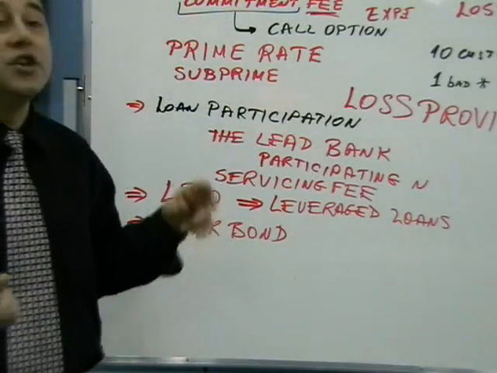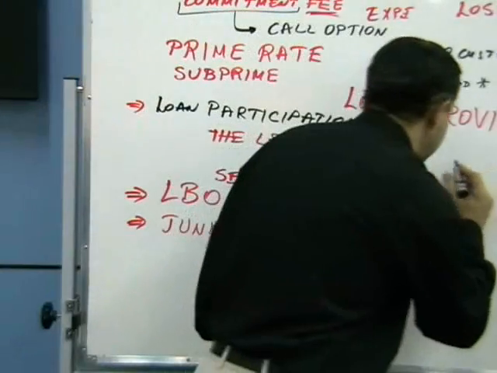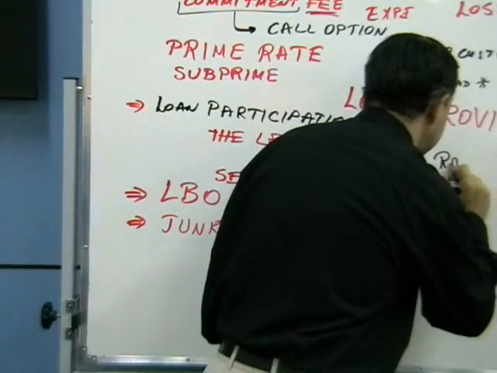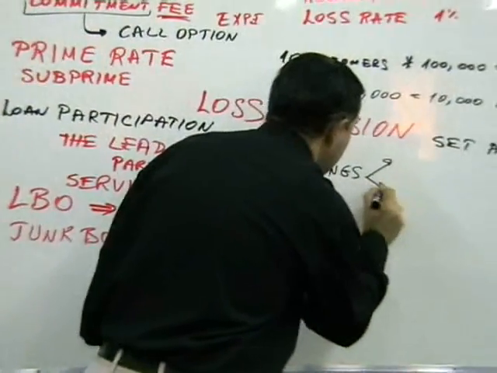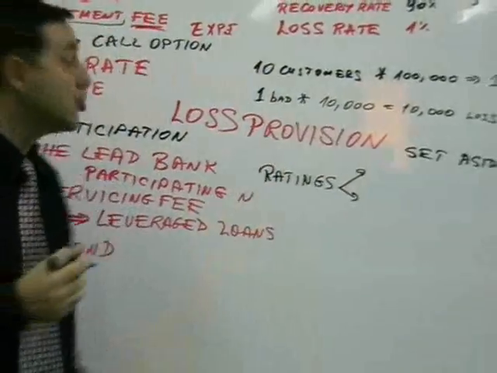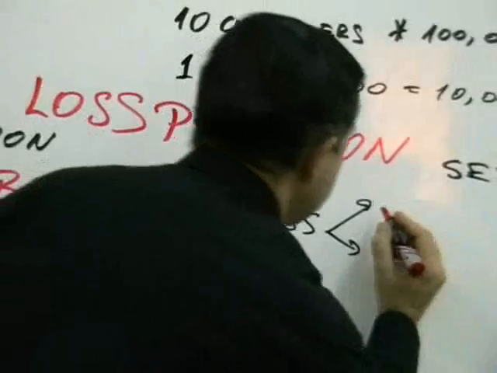Usually ratings, let's do a rating. Ratings go in two different types. The first one, well, let me use red.